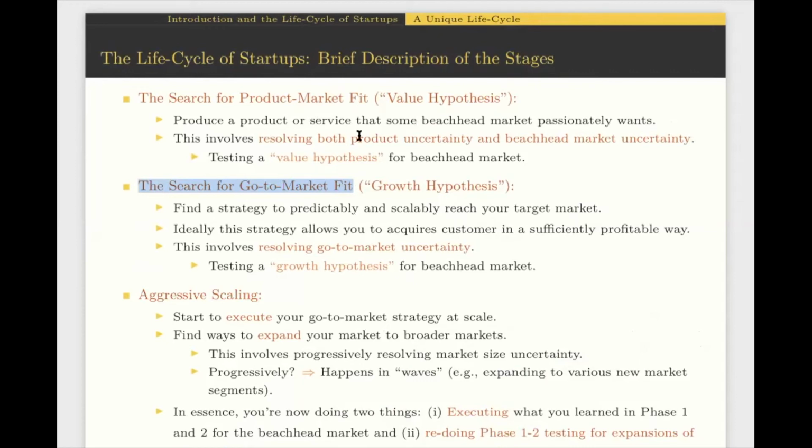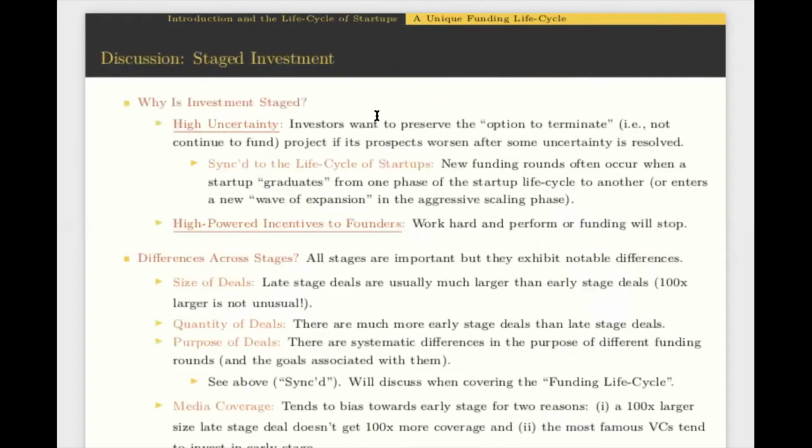That provides a stronger incentive to founders to do everything it takes to successfully resolve product market fit. Right, so there are these incentive advantages associated with staging financing. Work hard or the funding will stop.